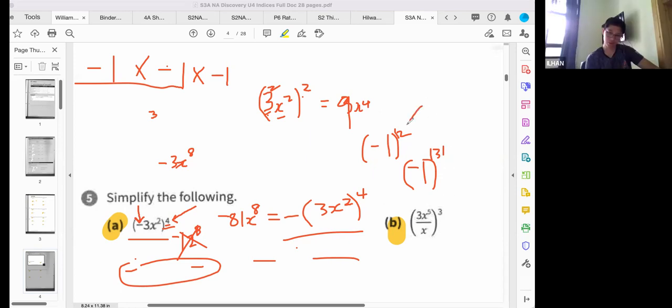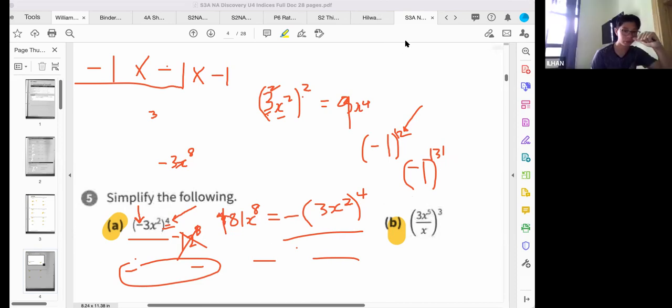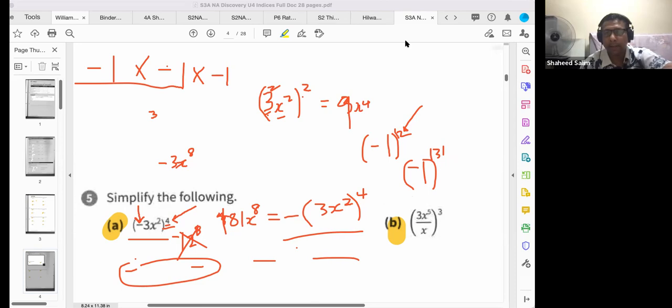So it proves that if the power is even, this one will be plus, not minus. Okay. So now your correct answer is plus 81x to the power 8. You okay? Yeah.